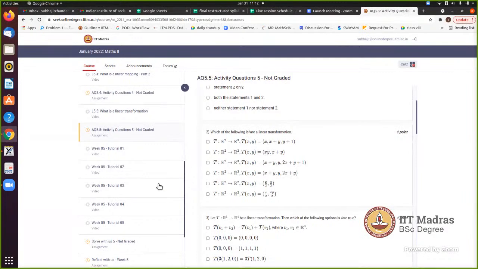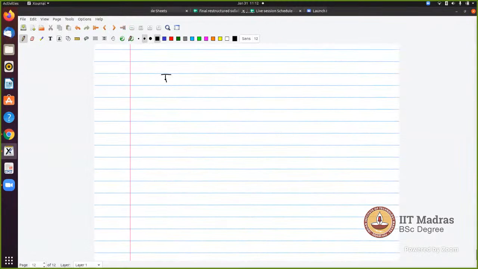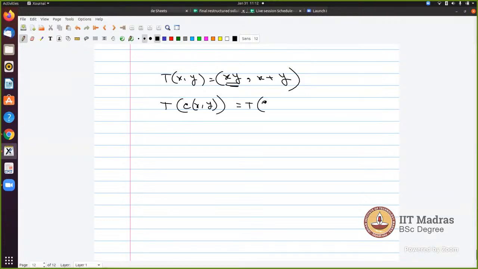So basically where it will fail: T(x,y) is xy into x plus y. This xy is not a linear combination of x and y, right? Yes, sir. This is some product. So if I take c into xy, this is T(cx).